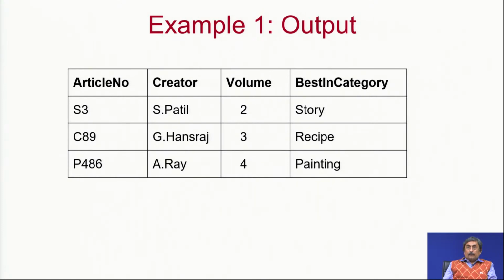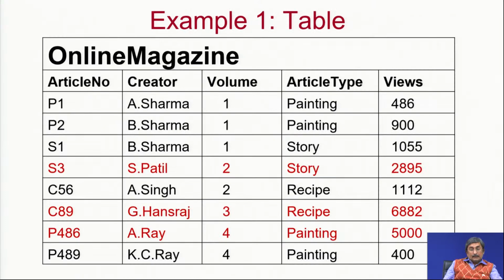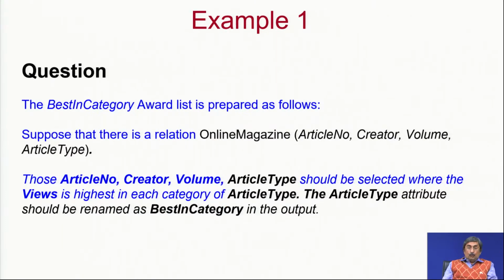So, what is it that I wanted to tell you? I wanted to tell you that when you get such a question, you look at what the relation is. There is a little mistake in the relation name. It has 5 attributes, not 4: article number, creator, volume, article type and views.